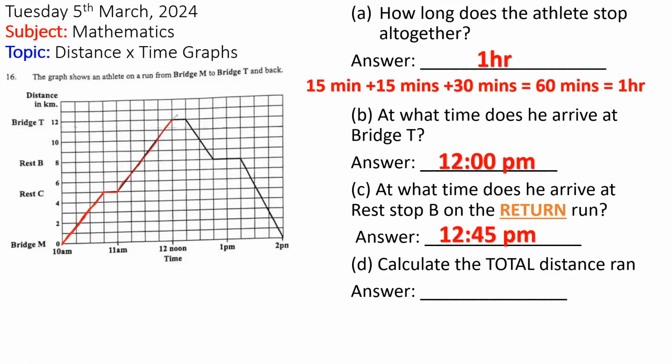What's the distance here? 12 kilometers. So the distance from bridge M to bridge T is how much? 12 kilometers.